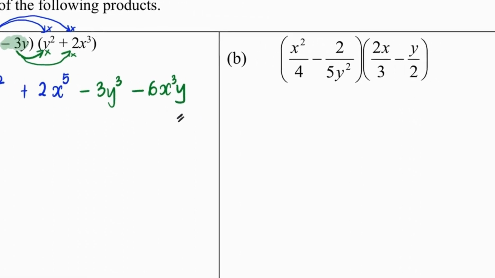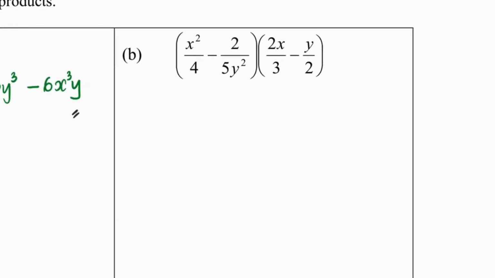Let's move on to part B. Again, applying the distributive law. This time round, the only complicated part, or the difficulty level that has increased, is that we are dealing with algebraic fractions, so just be mindful.